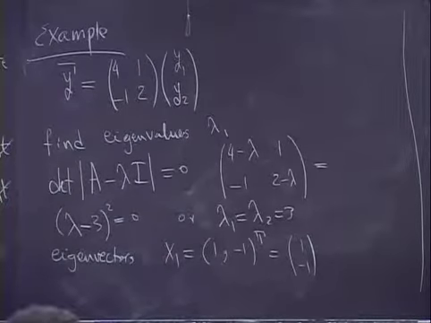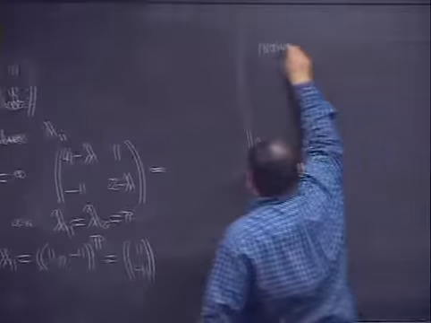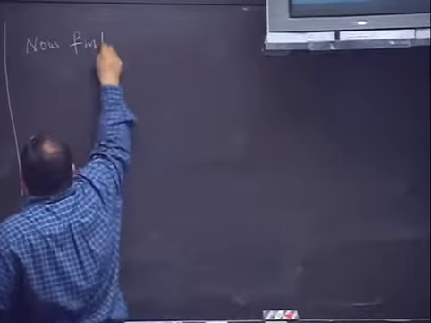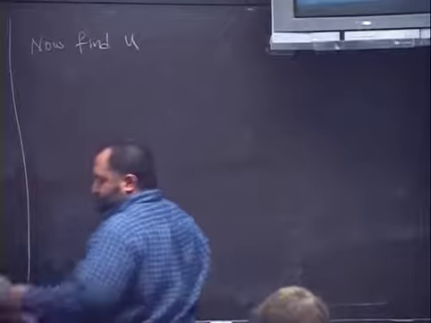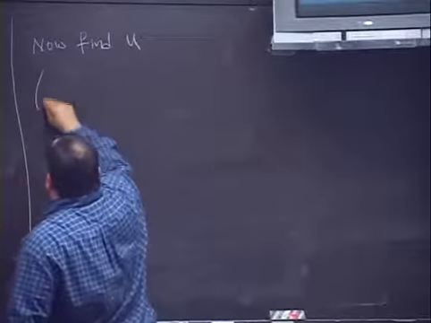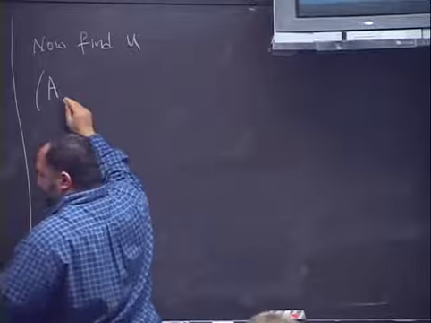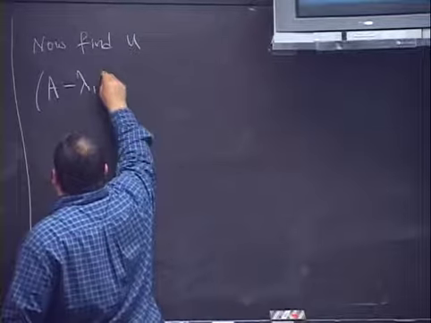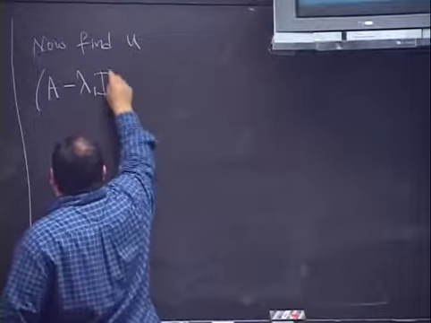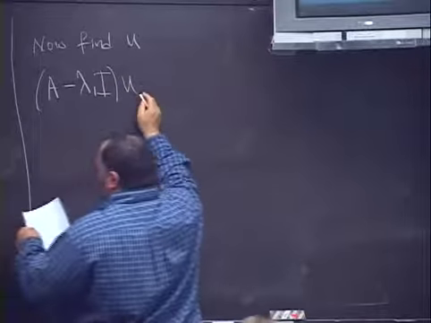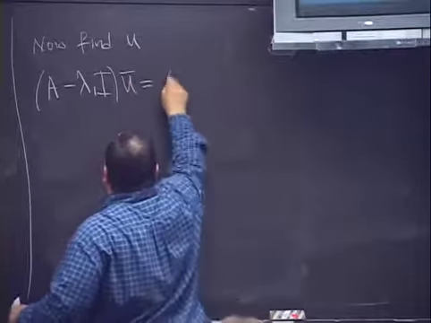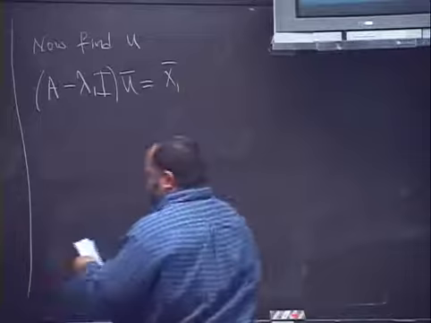Okay, guys? So now we need to find u. To find u, it is A minus lambda 1 I times u equal to x1.